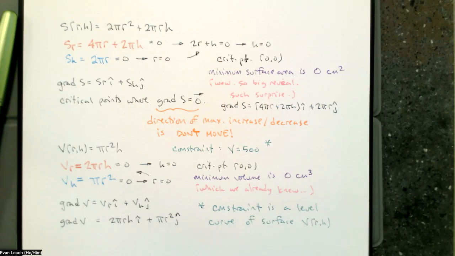That constraint is a level curve on the surface of V. That is the location where we will find our minimum value of S. We want to look at all the points on this curve in that S function, our objective function. So on this level curve is where we will find the minimum value of S.